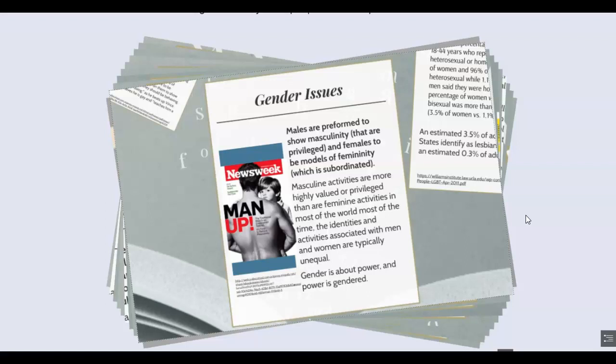Masculine activities are more highly valued and privileged than feminine activities in most of the world, most of the time. The identities and activities associated with men and women are typically unequal. Gender is about power, and power is gendered. So typically you would see a woman holding a child, and that would be considered feminine. But they are kind of turning that gender stereotype around by showing a man with his son.